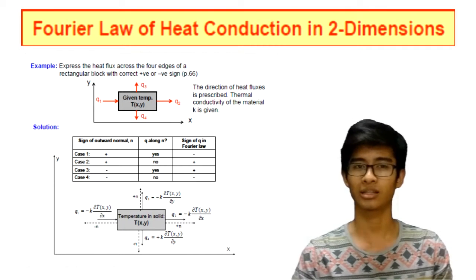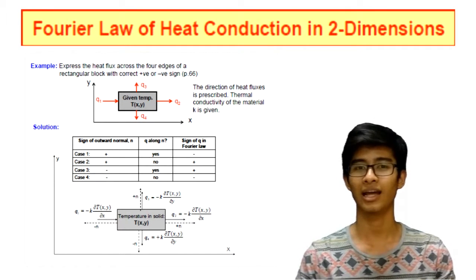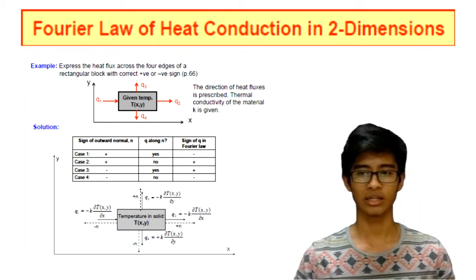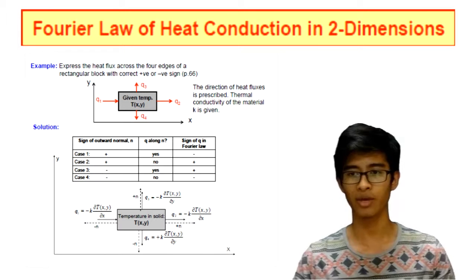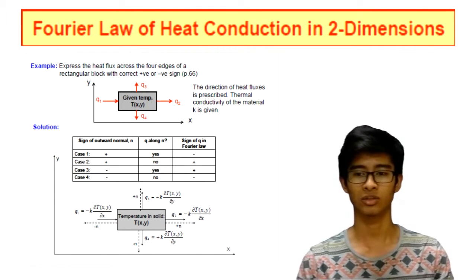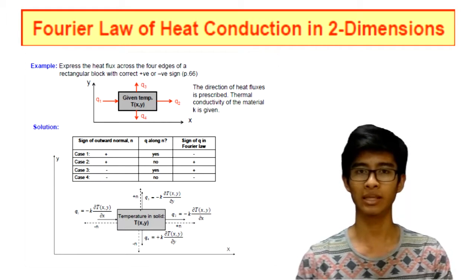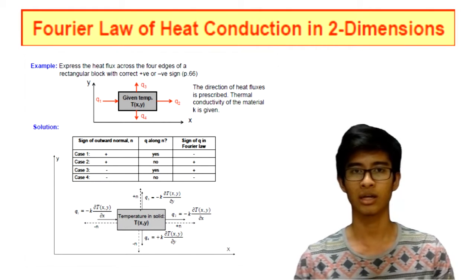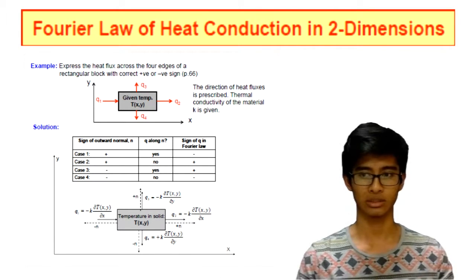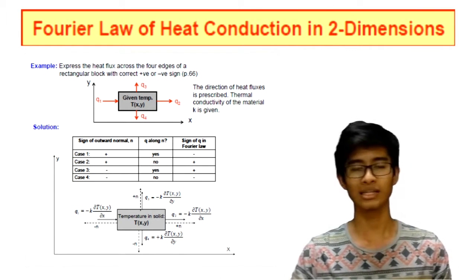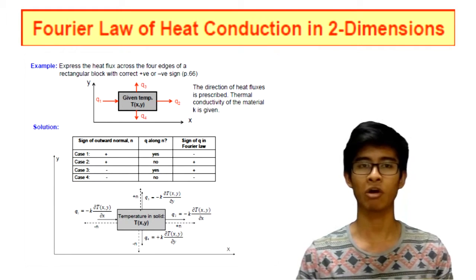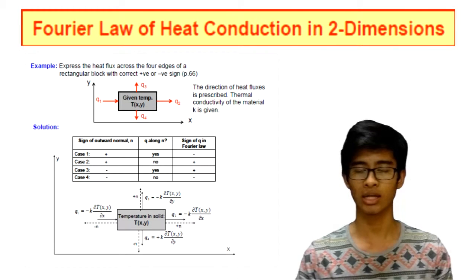Let's take a look at Q1 as an example. The first step is to look at the upward normal, and Q1 gives a negative n because of the negative x direction. The next step is to determine whether Q is along n or not.